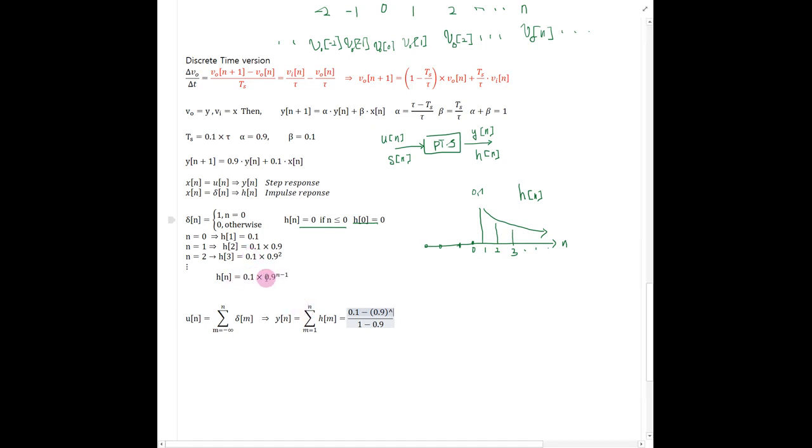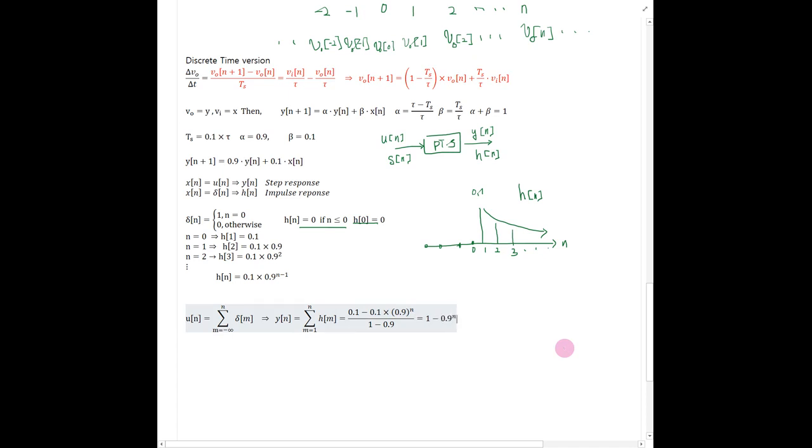One more factor should be added here. I'm sorry, this one is omitted: 0.1 times 0.9 to the n, so this should be 0.1 times 0.9 to the n. Okay, this will give 0.9 to the n.